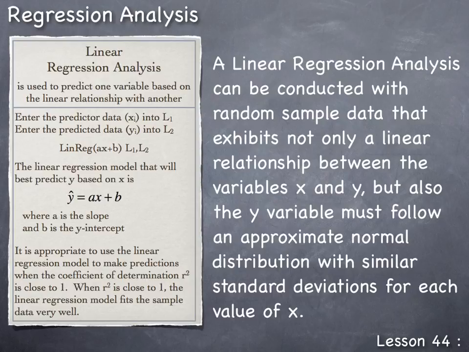Statistically, there exist hypothesis test procedures to check for these conditions of the y variable following an approximate normal distribution, and a hypothesis test to check whether the standard deviations are equal or not. But for the purposes of this lesson, we'll just be conducting our linear regression analysis under the assumption that the y variable follows an approximate normal distribution with similar standard deviations.